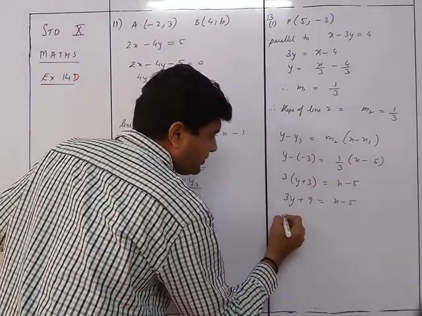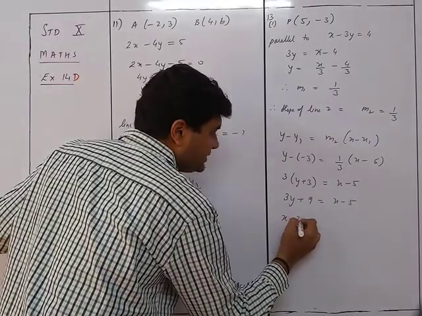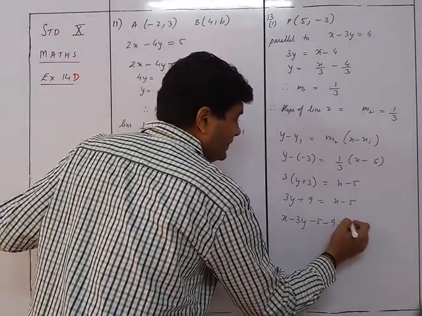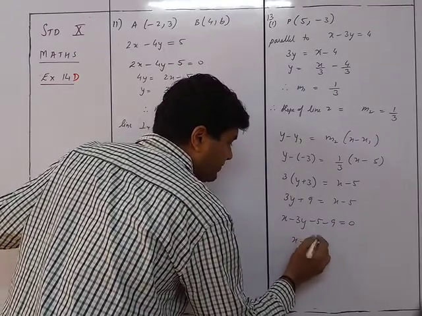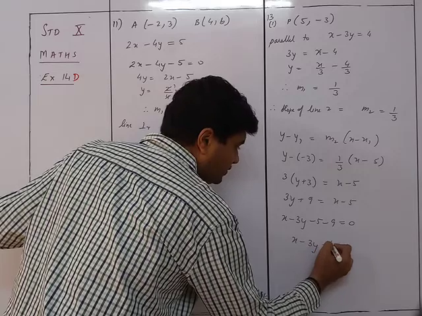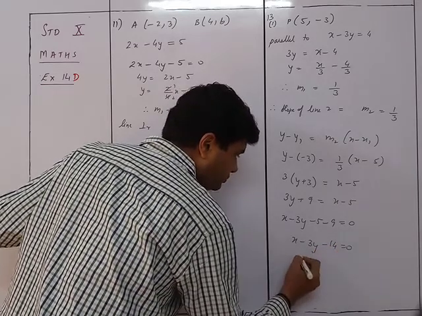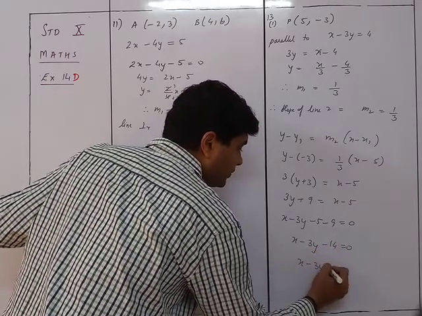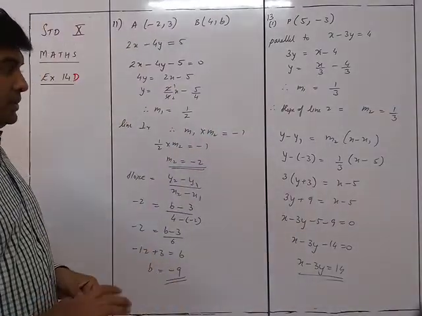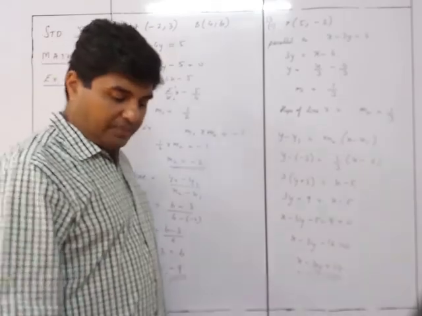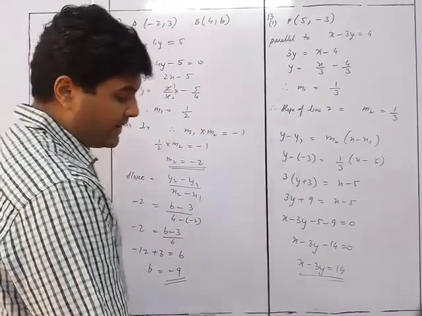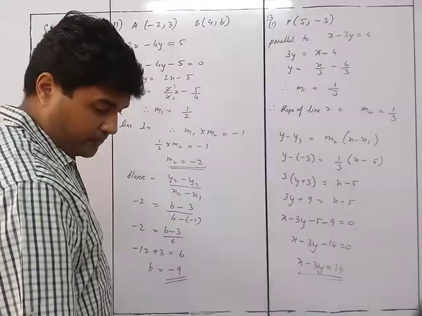Hence we get the equation as x minus 3y minus 5 minus 9 is 0, so x minus 3y minus 14 is equal to 0, or we can say x minus 3y is equal to 14. So that's the equation of the line for the first part of sum number 13.